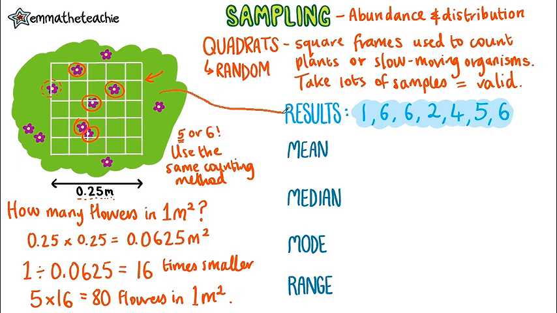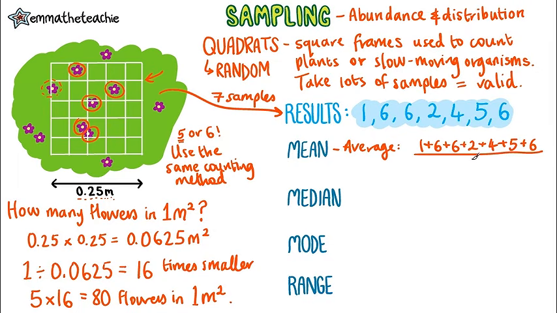Now let's say you took 7 samples with your quadrat, and these are the results that you got. You could be asked to process the data to give any one of these. So let's take a look at what each one means and work it out. The mean is just the average. So to do this, all you do is add up all of the numbers and divide by how many values you have.